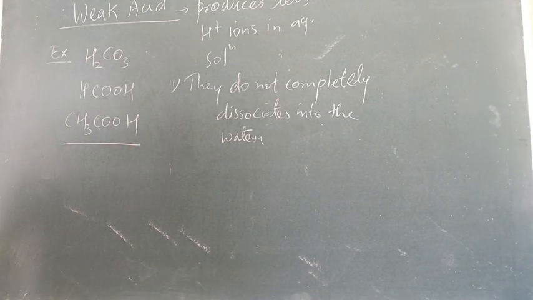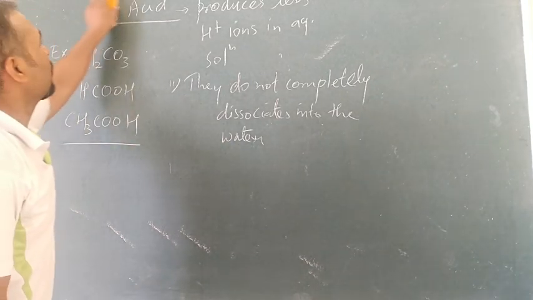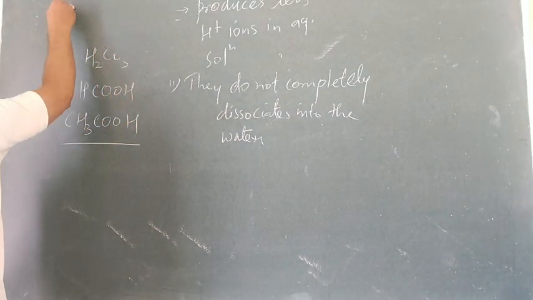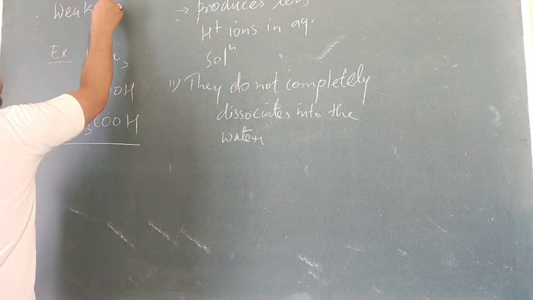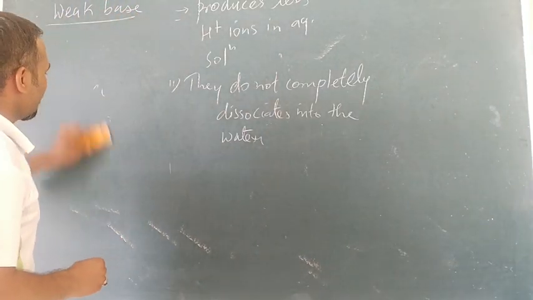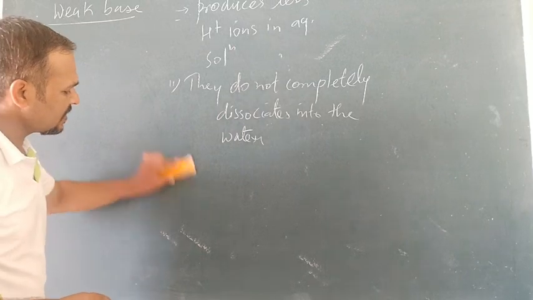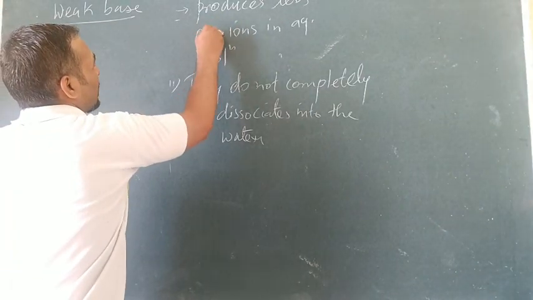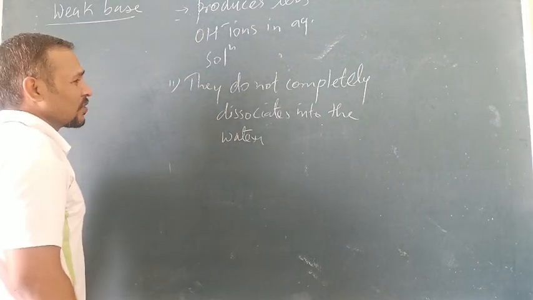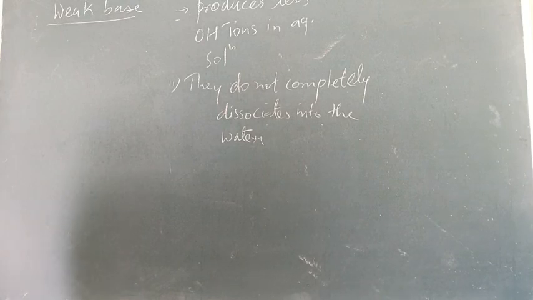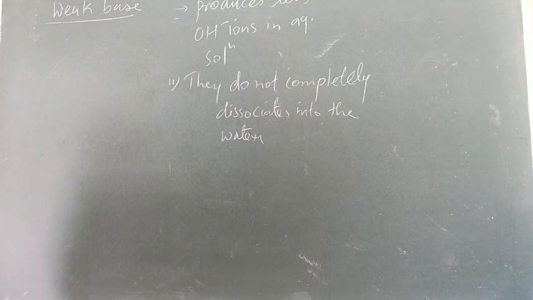Similarly, first we will look into weak bases. What are weak bases? The weak bases are the substances which produce less number of OH minus ions in aqueous solution, right? That means they do not completely dissociate into the water.